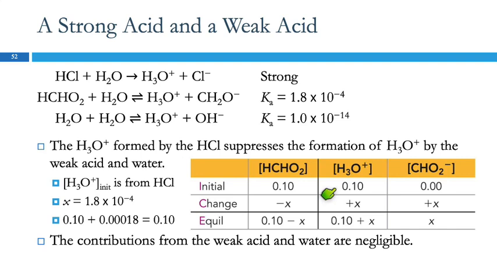So we've got that from the strong acid as the initial concentration. And when we do this change, we find that X is small, and adding X to 0.1 makes no difference at all. So many times we can ignore it, because here X ends up being 0.00018. You add that to 0.10, it's still 0.10. Any questions?